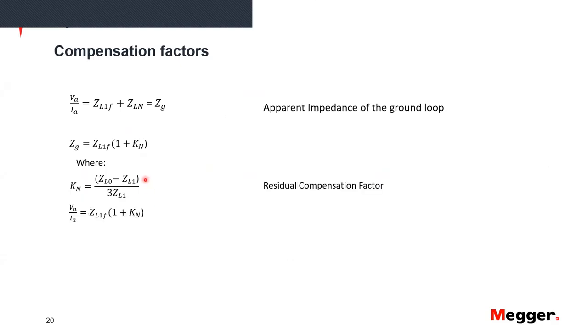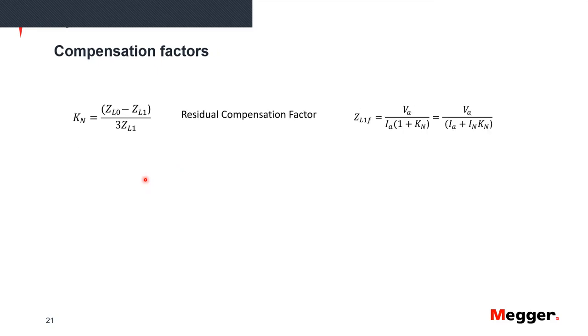There are several types of compensation factors. I'm going to mention 4 here. This one's called residual compensation factor, and it's used like this to derive the impedance to the fault on the line.